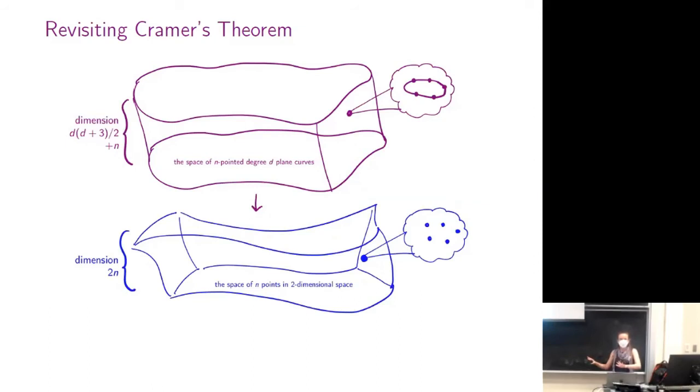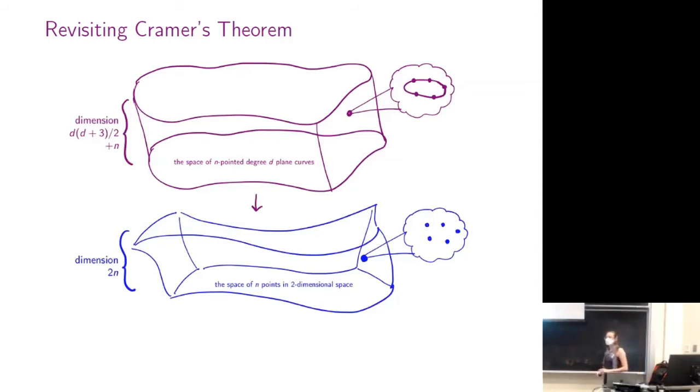Everyone still with me? Okay, so I have a map from here to here, forget the curve. And this bottom space has dimension 2n, basically for the same reason as the way I calculated the fiber dimension before. Now I have a two-dimensional landscape that each of my points can move in. So each one gets to move in 2 dimensions, I have n of them, I have 2n dimensions.